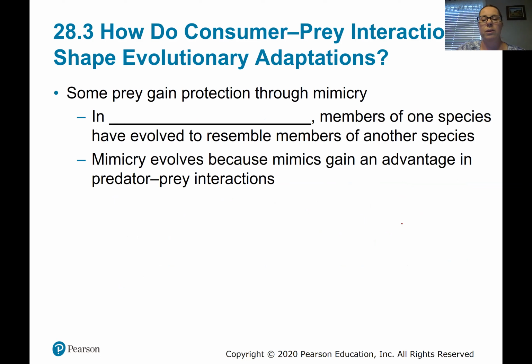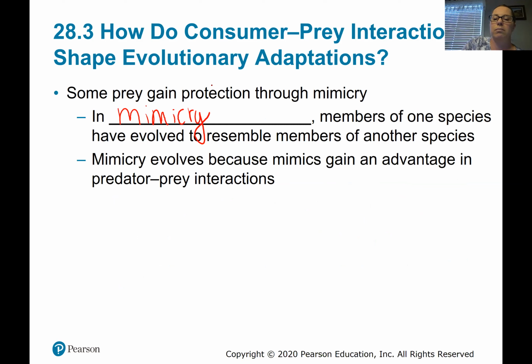And so some prey can gain protection through mimicking other species. And so in mimicry, members of one species have evolved to look like members of another species.